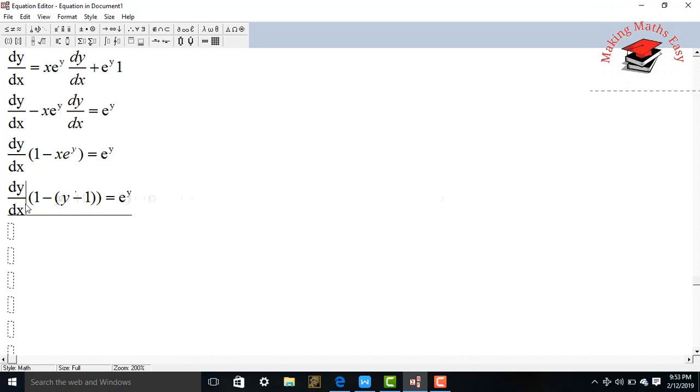So my dy by dx will be equal to dy upon d of x of 1 minus y plus 1, which will be equal to e raised to y. Then dy by dx times 2 minus y equals e raised to y.